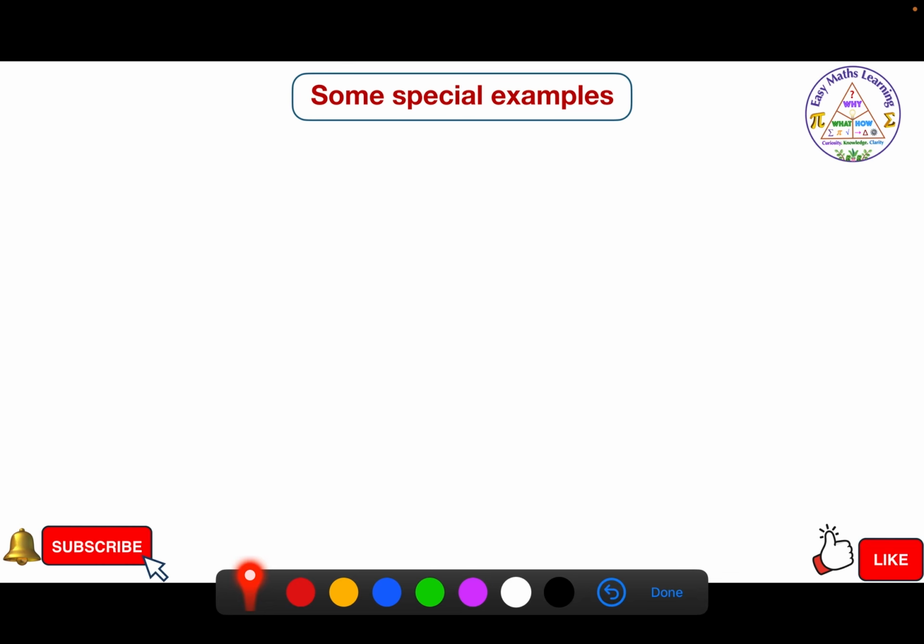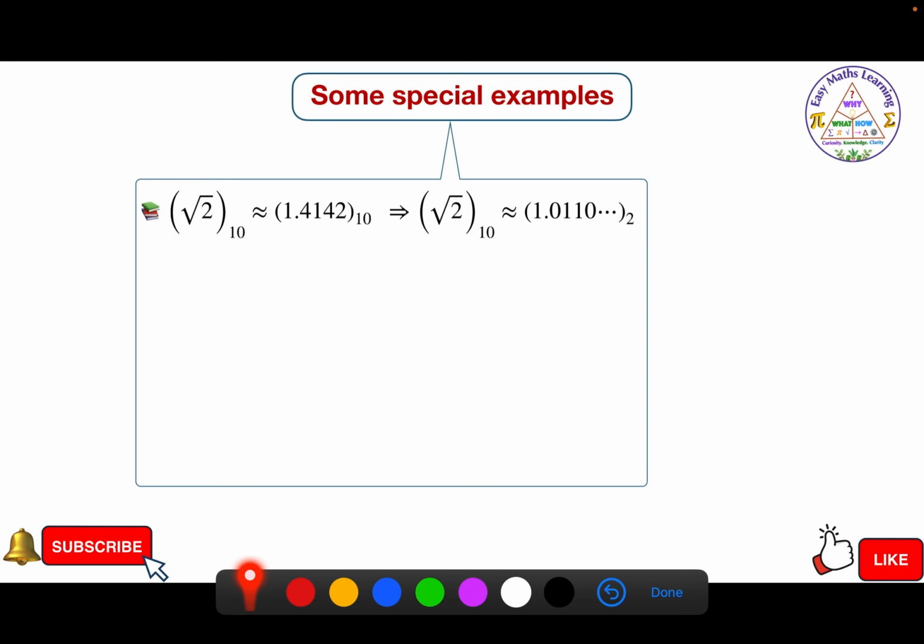Now let us see some interesting and important cases. Sometimes when we convert a decimal number into binary, the binary form becomes non-terminating. That means it does not end. For example, root 2 with base 10 means this is in decimal form.